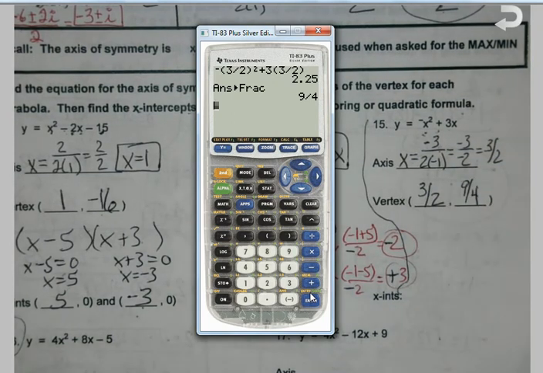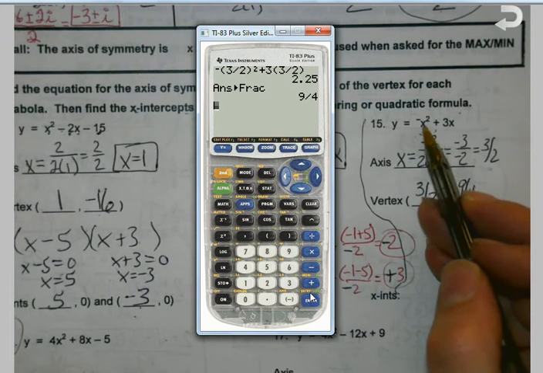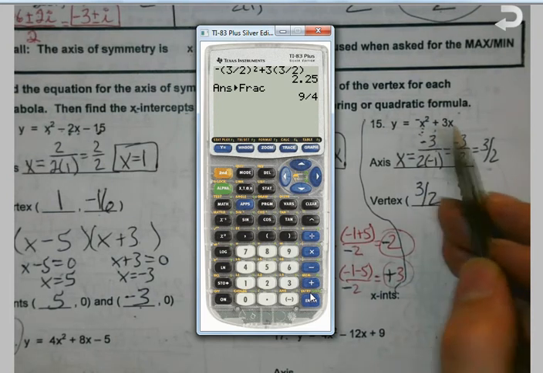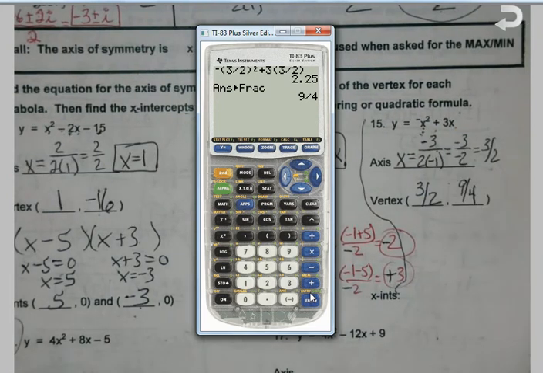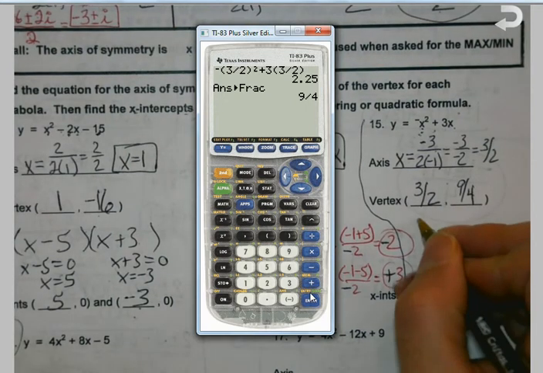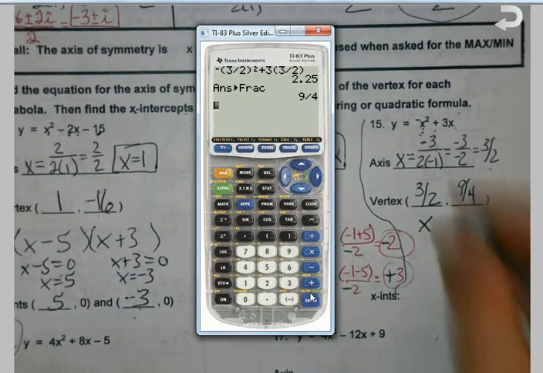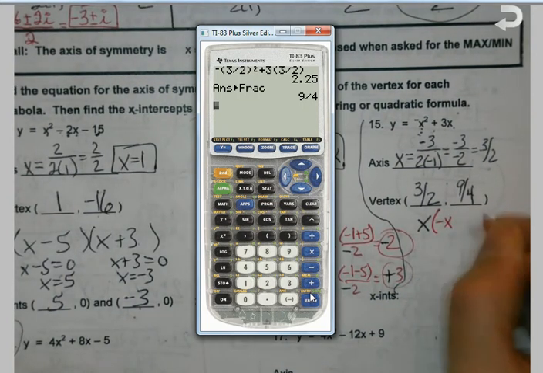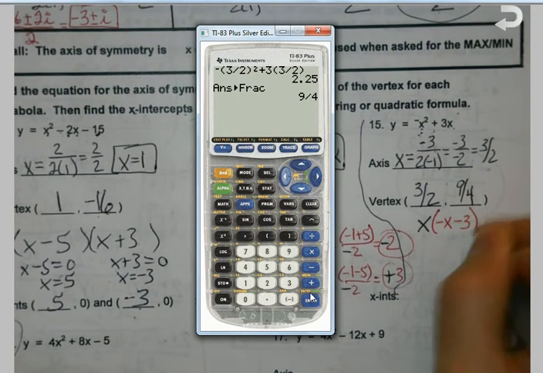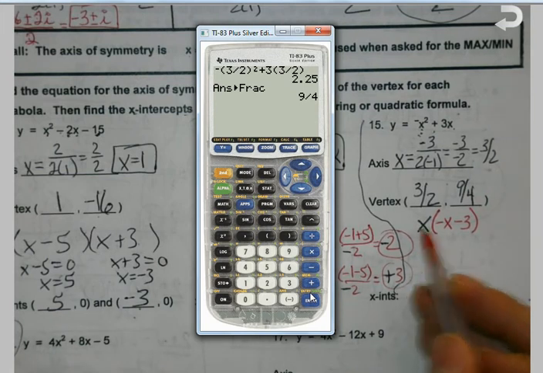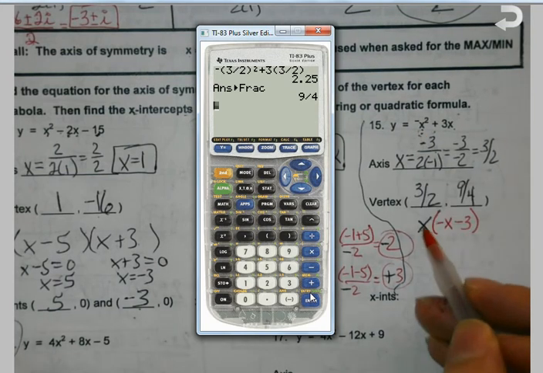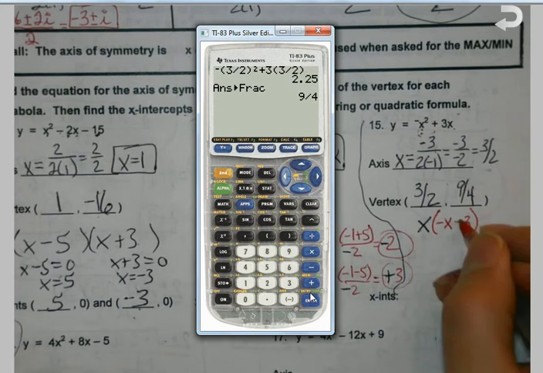Now here, it's a little bit different because now I look at those and I go, hey, wait a minute. They have a common factor. Now, I have a decision to make. I can either say I'm just going to pull an x out at the start and then have negative x minus 3, because x times negative x is negative x squared, positive times negative. Holy cow.